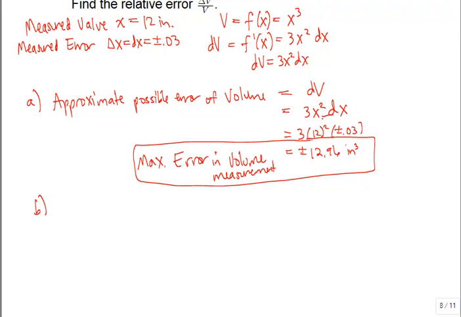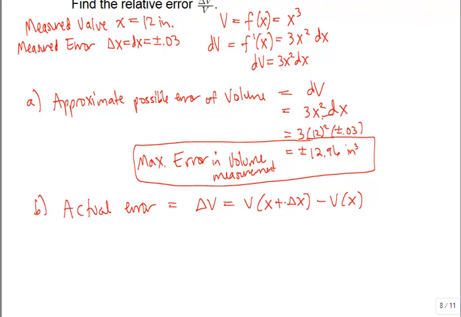So part B is to find the actual propagated error, and then we're going to compare the two. So approximate error is dV, actual error is delta V, the change in V. And that, by definition, is going to be our volume function at x plus delta x minus the volume function at just x.